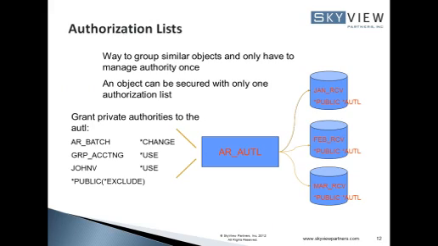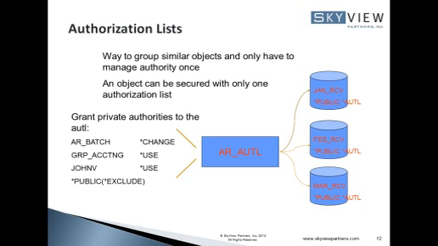Okay, so enough on adopted authority, or at least for right now. The other technique that we use is authorization lists. Now, one of the reasons that we use authorization lists is because, remember at the beginning I said I like to avoid breakage. And the use of authorization lists helps us avoid breakage. Now, how does it do that?